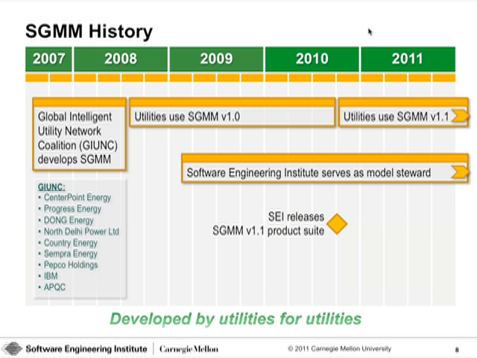So in late 2010, version 1.1 became available for utilities to use. Early this year, in January, we initiated a certification program for a role that we call SGMM navigators. I'll talk more about the navigation process and the role of an SGMM navigator later in the presentation today.